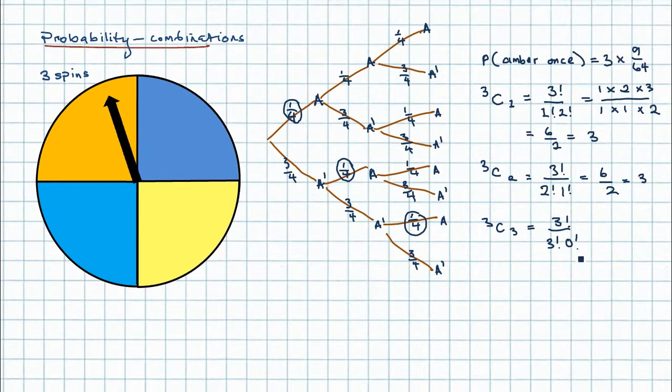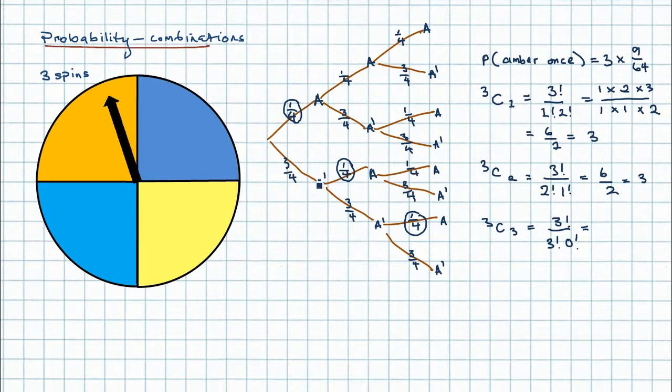In the denominator, we would have 3 factorial, but then we would have 0 factorial, because the complement of 3 take away 3 is 0. Now 0 factorial is 1. That's a bit of an odd thing, and you might want to look up on the internet why 0 factorial is treated as 1, or just check on your calculator and you'll find that 0, if you press the factorial key, will give you 1.